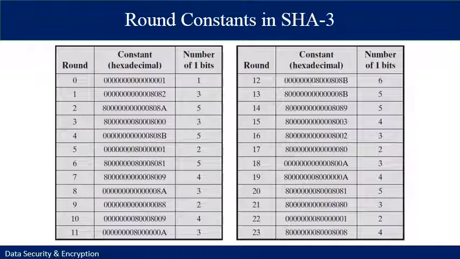Of course, from round to round, the permutation and substitution propagate the effect of the iota function to all of the lanes and all of the bit positions in the matrix. So it is seen that the theta and chi steps diffuse to all lanes of the state after a single round.